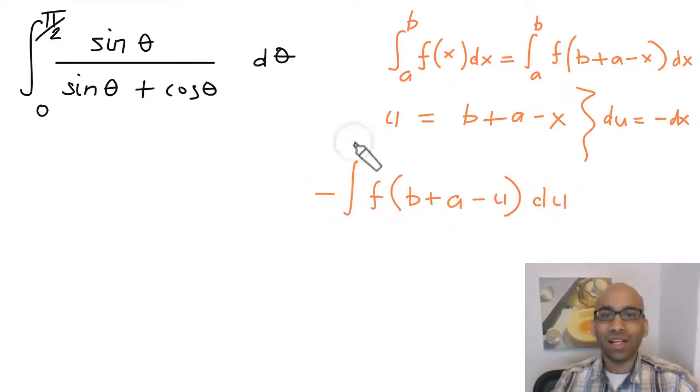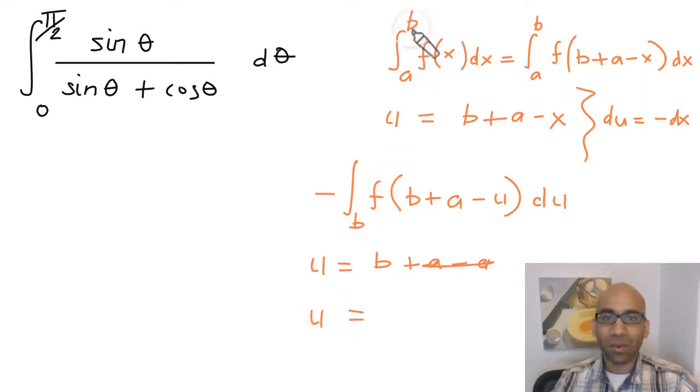And now let's calculate the limits of integration, because they're going to change. We are now integrating with respect to u. So when x was equal to a, what would be the value of u? Using this formula, u is b plus a minus a, and these two a's cancel out, so you get b. So the lower bound for this integral is equal to b.